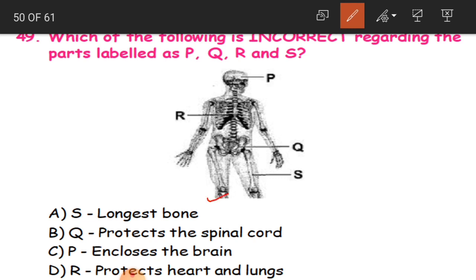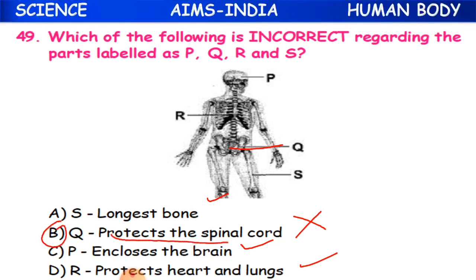So this is correct. Q protects the spinal cord. Where is this Q? This is wrong. This is not going to protect the spinal cord. P encloses the brain. This is also correct. R protects heart and lungs. This is also correct. So our answer is B, the incorrectly labeled part.